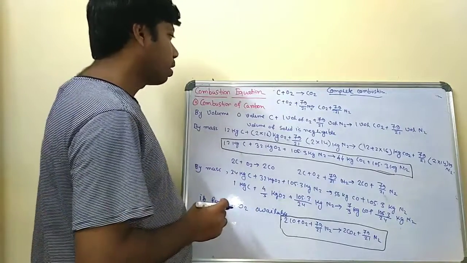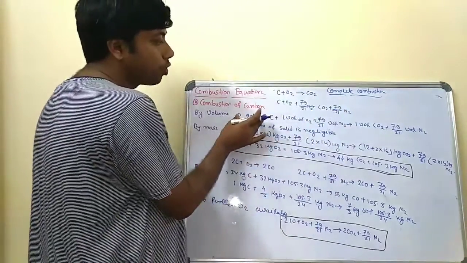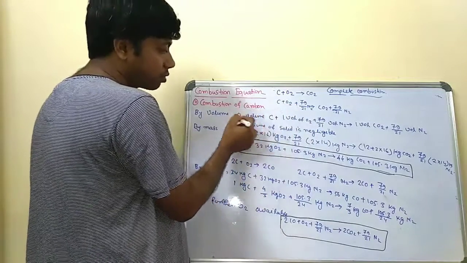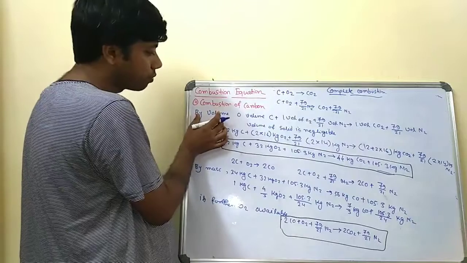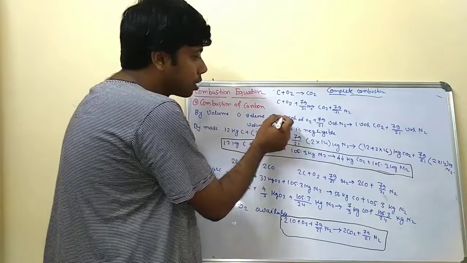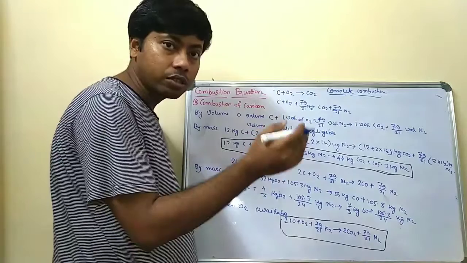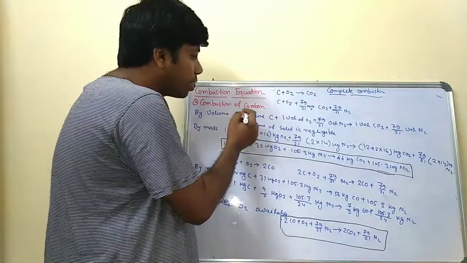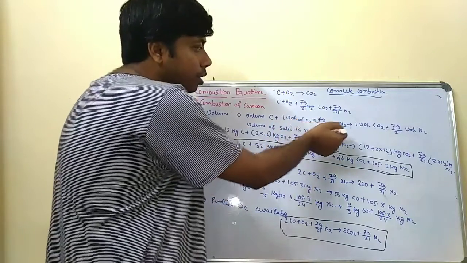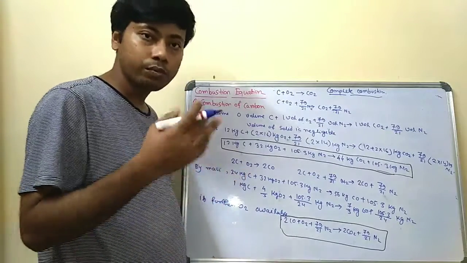Now by volume, this is the expression of the combustion equation. It is 0 volume of carbon, because the volume of a solid is negligible compared to the volume of gas, plus 1 volume of oxygen plus 79 by 21 volume of nitrogen is equal to 1 volume of CO2 plus 79 by 21 volume of nitrogen.